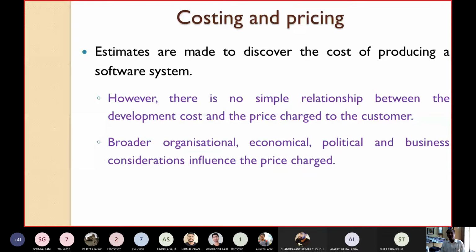Several other factors are affecting, such as broader organizational factors, economical factors, political and business considerations. These considerations influence the price charged.